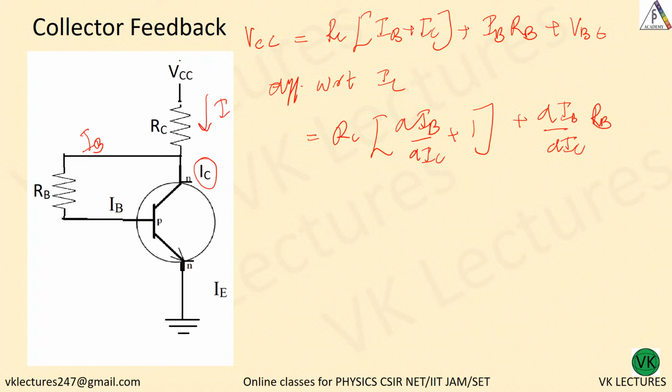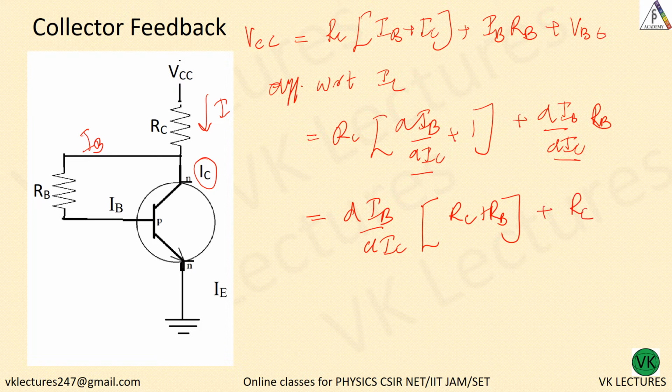Now once we got this, what we want is dIB by dIC. Take these 2 points. So that is equal to dIB by dIC into RC plus RB plus RC. So dIB by dIC is equal to minus RC divided by RC plus RB.